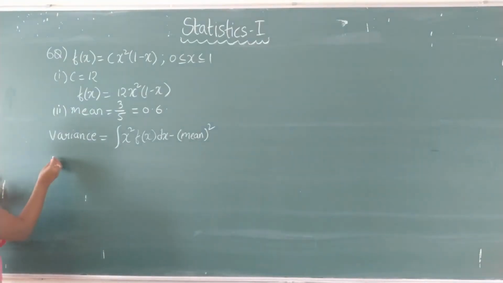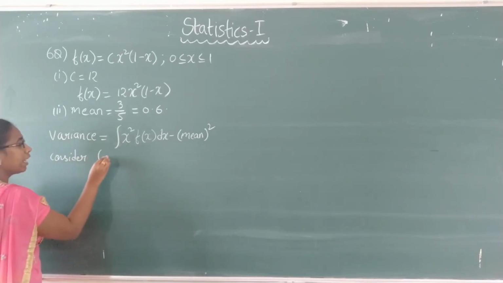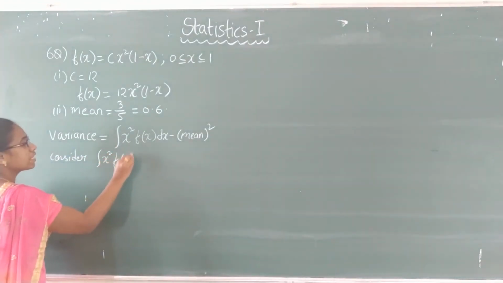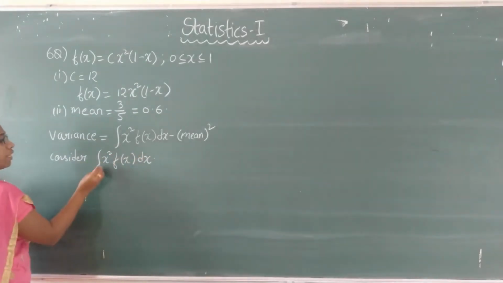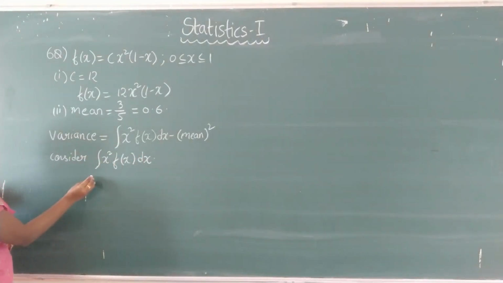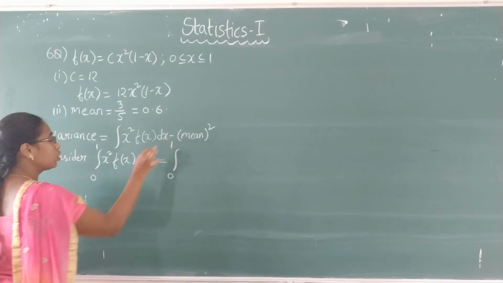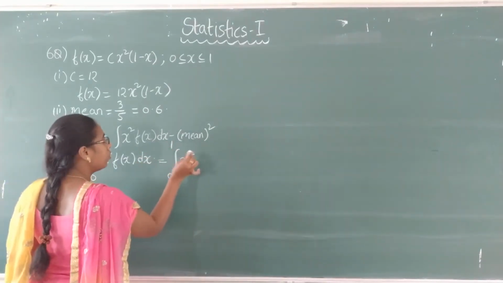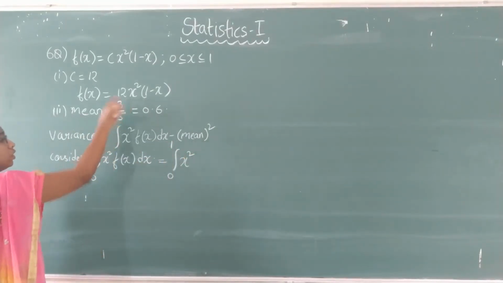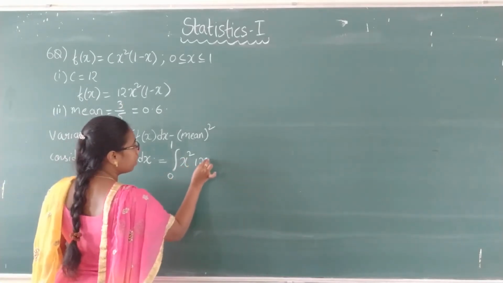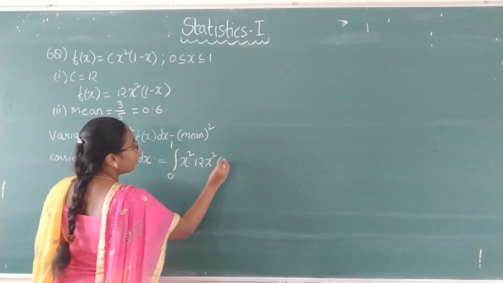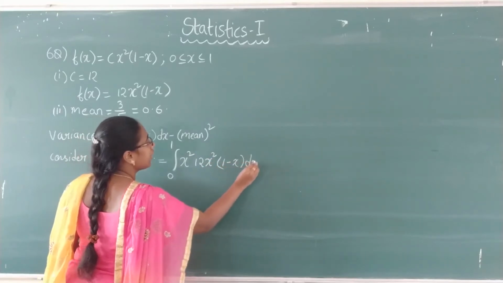So I am considering this part first. Consider integral over x square f of x dx. What are the limits? The limits are from 0 to 1. So this value equals integral over 0 to 1 x square into f of x, which is 12 x square into 1 minus x dx.